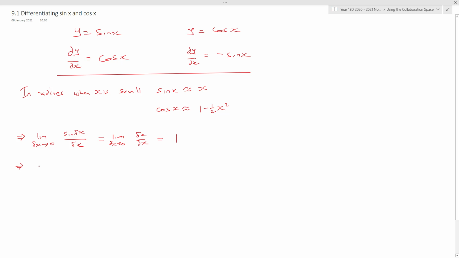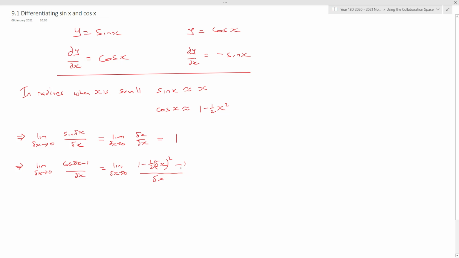At the same time, if we look at the limit of cos of delta x minus 1, so in the limit, cos of delta x is going to be 1 minus half delta x squared. So we've got 1 minus a half delta x squared, don't forget the minus 1 there, all divided by delta x.